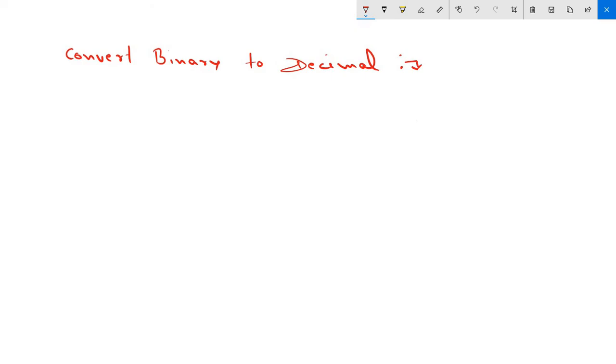So next one is how to convert a binary number to a decimal number. So for example, I have a binary number 1 1 0 1. Okay, so there is a step how to convert a binary number to a decimal number.